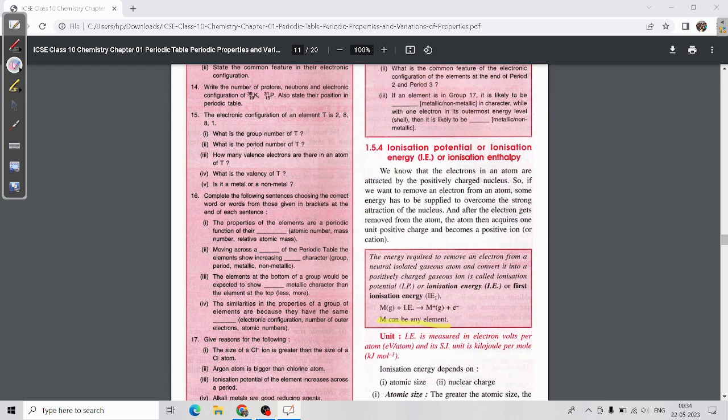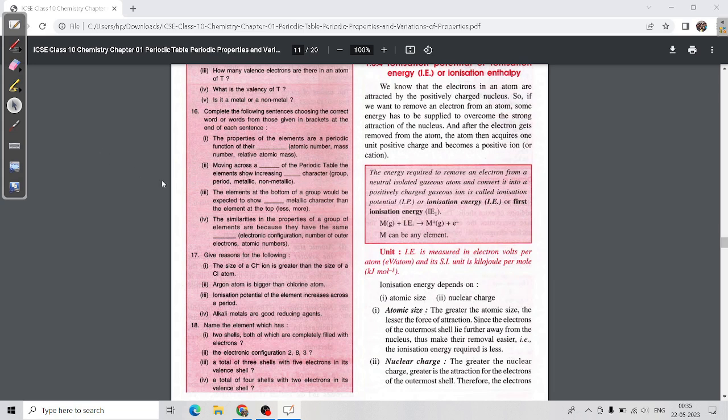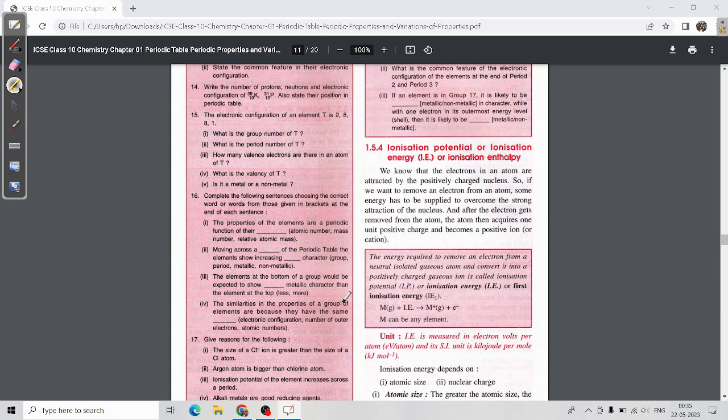Next is a very important unit. They will not ask you to write the unit in the exam, but you have to understand this. Ionization energy is measured in electron volts per atom, and the SI unit is kilojoule per mole. You may ask why there are two units. This is the SI unit, and electron volt per atom is another unit.